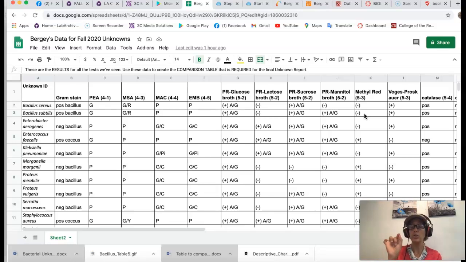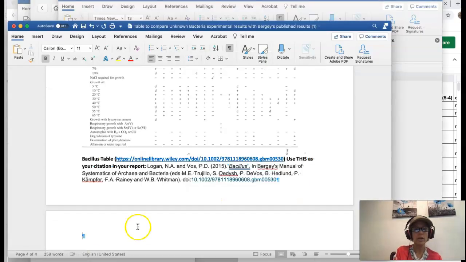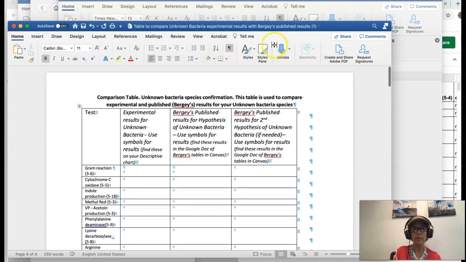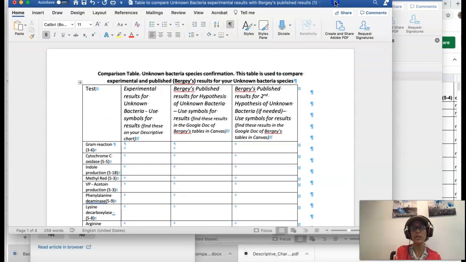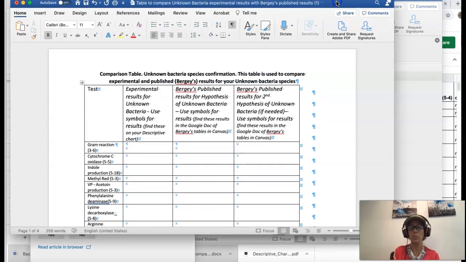The table you will create using this data should look like this. And I will have this table in the lab archives along with a link to that Google Doc for you to access all your results and with the citation that you will need.